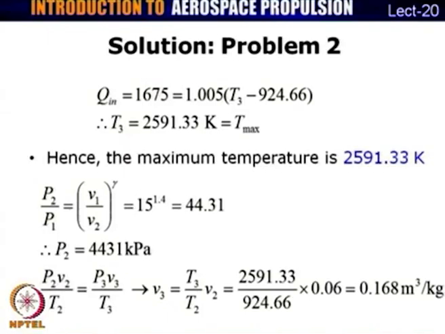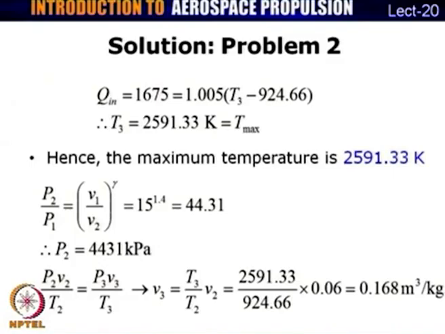Now, for process 2-3, we apply the state equation, that is PV by T is equal to a constant, and therefore, P2V2 by T2 is equal to P3V3 by T3. And for process 2-3, the pressure is a constant, it is a constant pressure heat addition process. Therefore, P2 is equal to P3. Hence, V3, that is specific volume at state 3, is equal to T3 by T2 into V2.